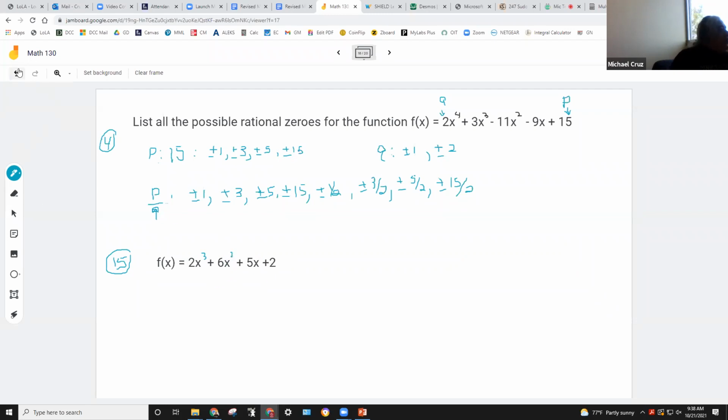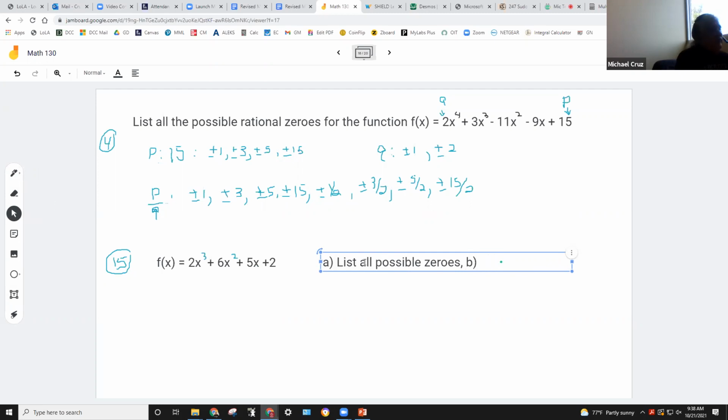So we want to list the possible zeros, then use synthetic division, and then use the quotient, which is that thing that's left over at the end.